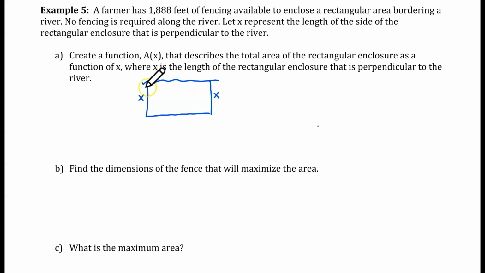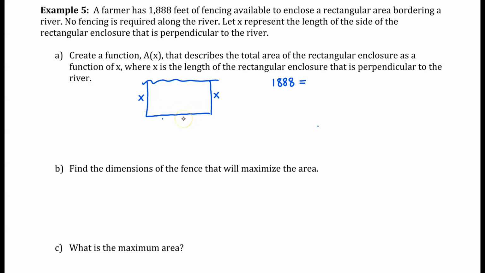So that means that the total length of this side and this side and this side should total to 1,888. So you have 1,888 is equal to X and X, and this side here.